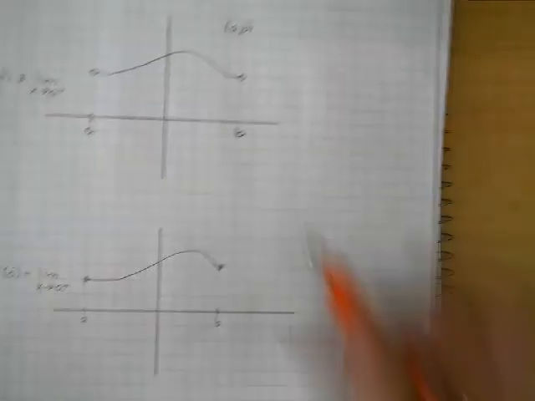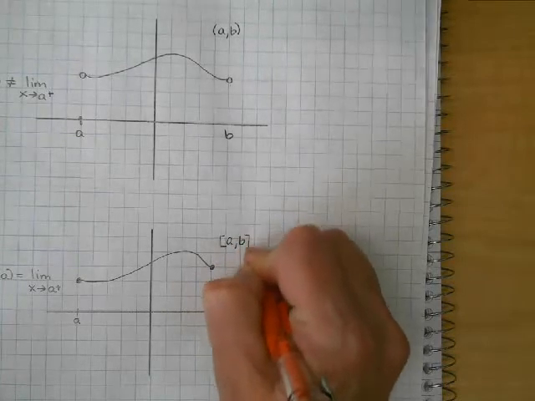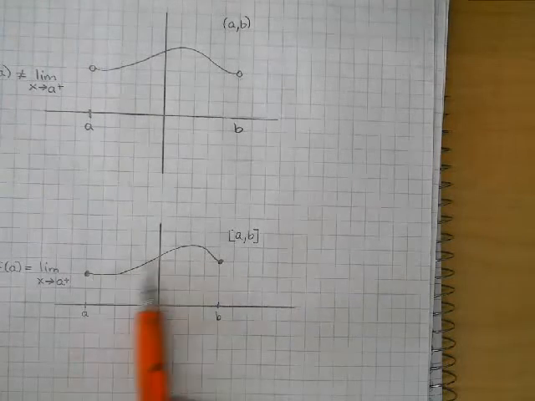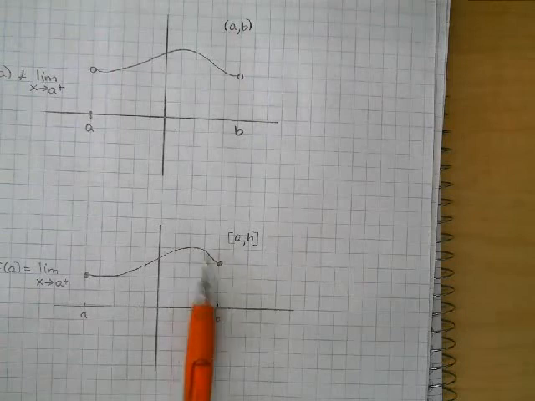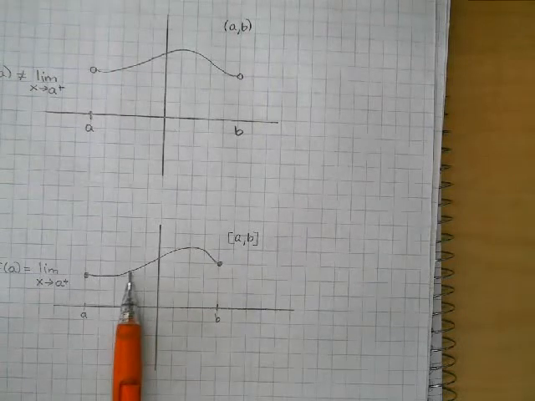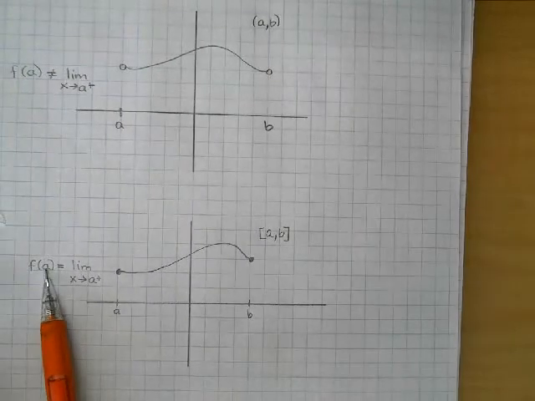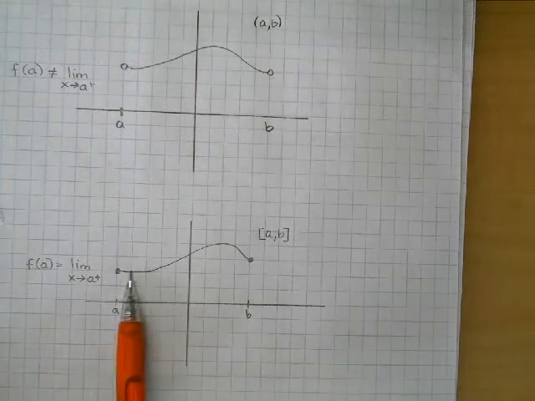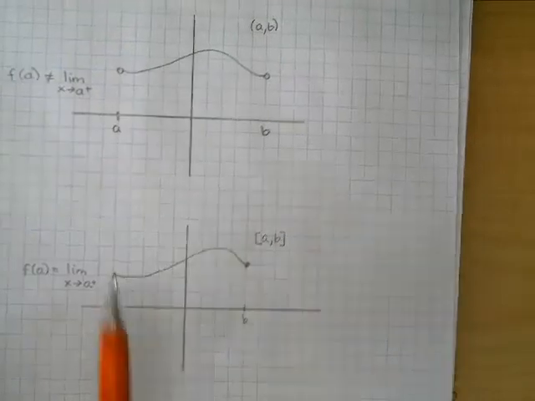Here we have a function that is continuous on the closed interval AB. So it's continuous everywhere inside the interval, and it's continuous from the left at B, and continuous from the right at A. You can think f of A is equal to the limit as it's coming to A from the right, so I know that it's right-hand continuous.